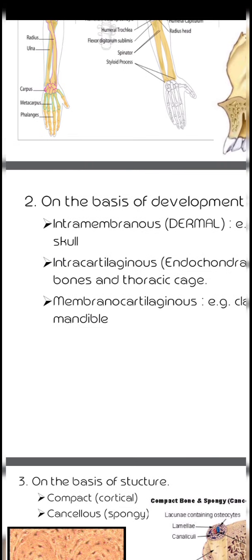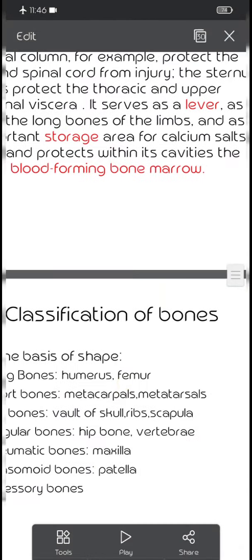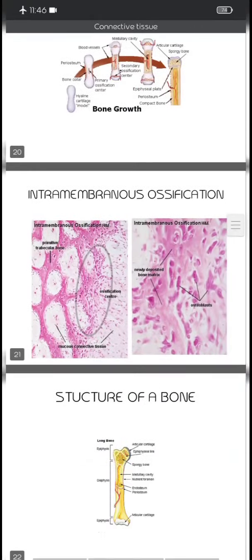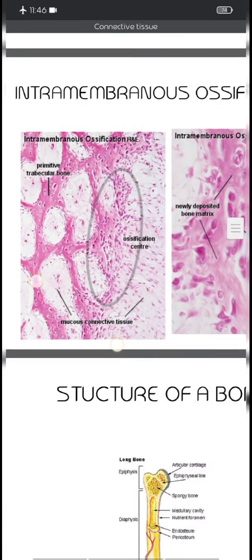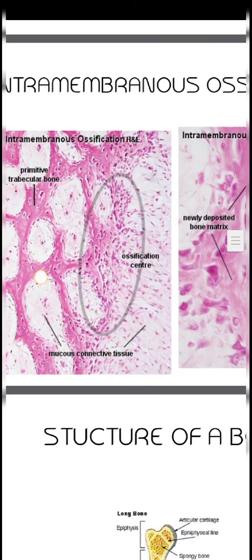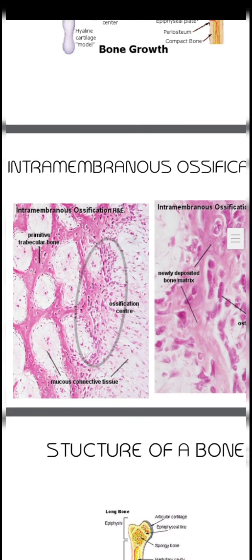Whereas in intramembranous ossification, as you can see here, there is no cartilaginous model present, and the ossification centers appear within the mesenchymal tissue by themselves. Within the mesenchymal tissue, some cells start transforming and change into osteoblasts.